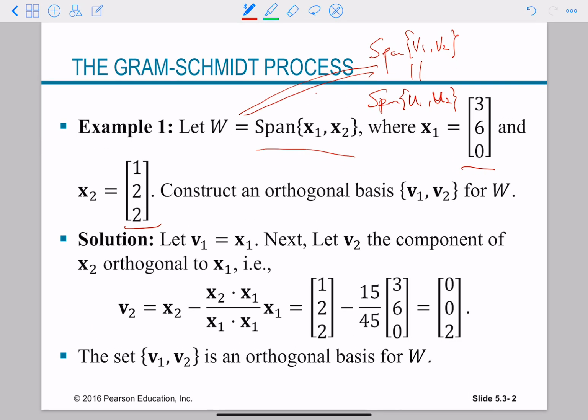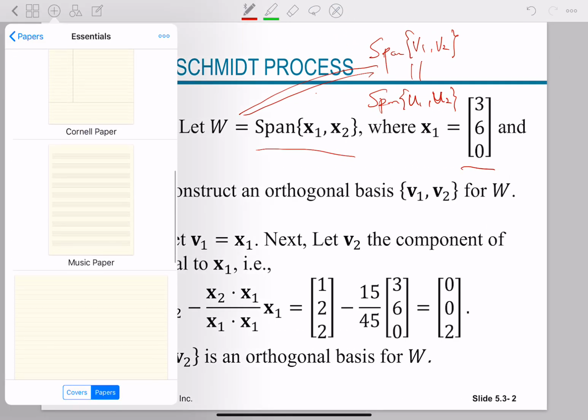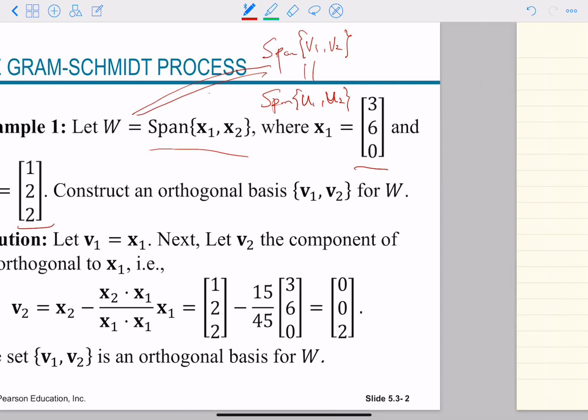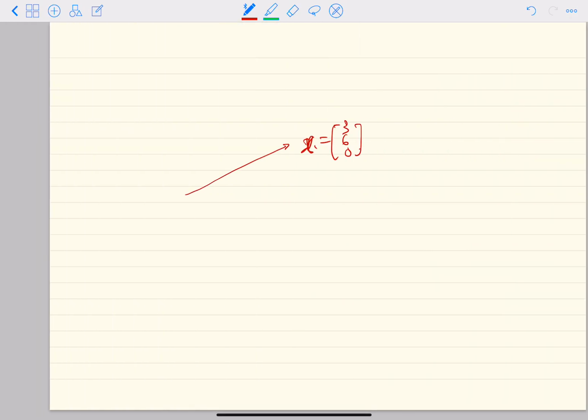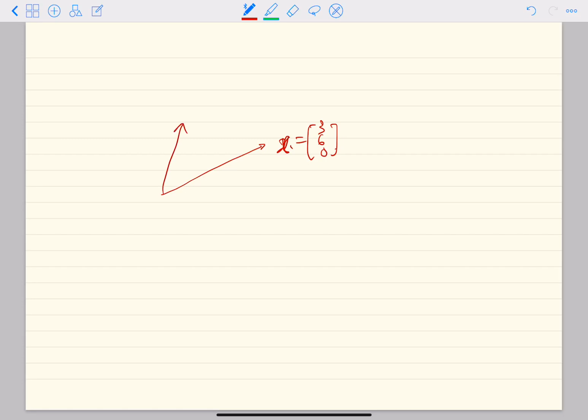So in this case, let's think of the first vector x1 as 3, 6, 0, and the second vector x2 as 1, 2, 2.